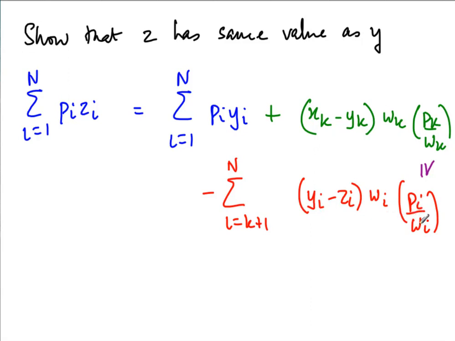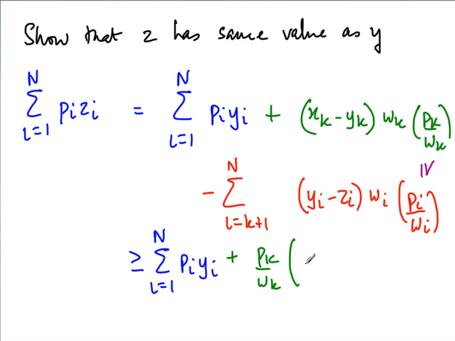And since I have a larger amount subtracted, I can write this as greater than or equal to the summation of 1 to n pi yi plus, and now I pull out this pk by wk as a common thing everywhere. It is this into wk times xk minus yk minus the summation of wi times yi minus zi, i going from k plus 1 to n, right?